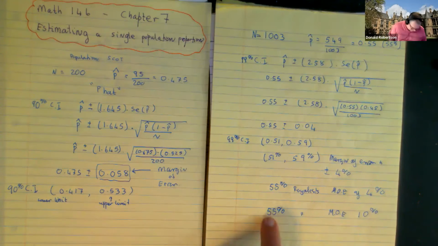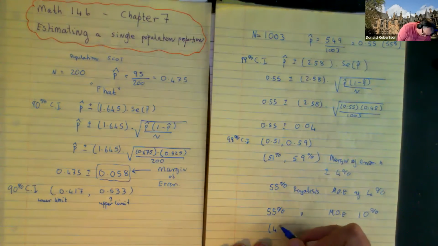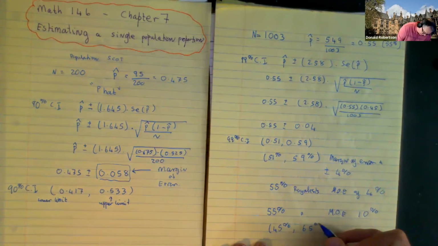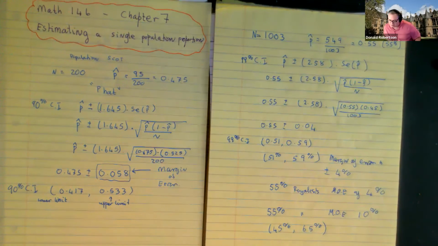But if you convert that into an interval, isn't that 45% to 65%? Give or take 10%. Now, if you look at that, couldn't I easily lose? Couldn't I only get 45% to vote or 49%? I'd still lose. And isn't every single one of the numbers in that interval just as likely as any of the others?